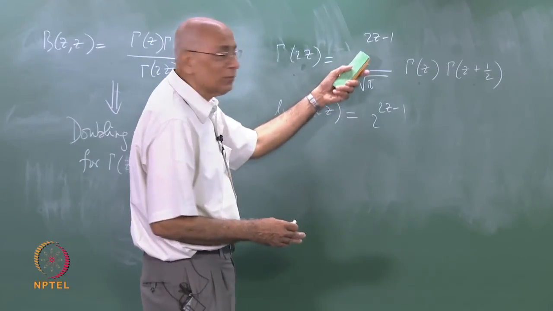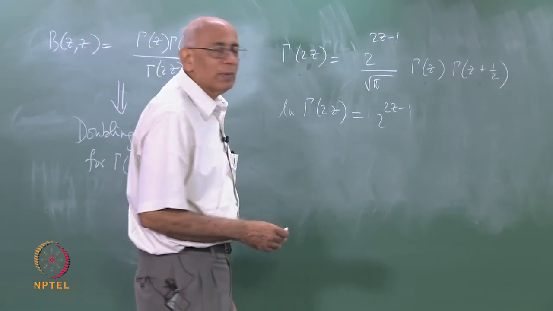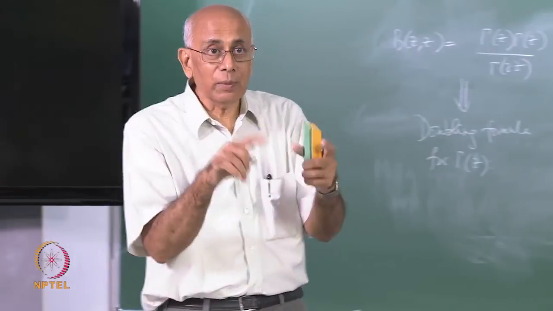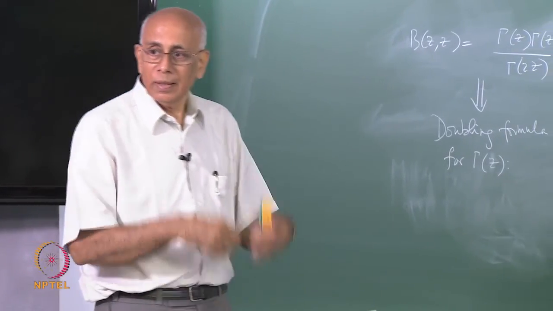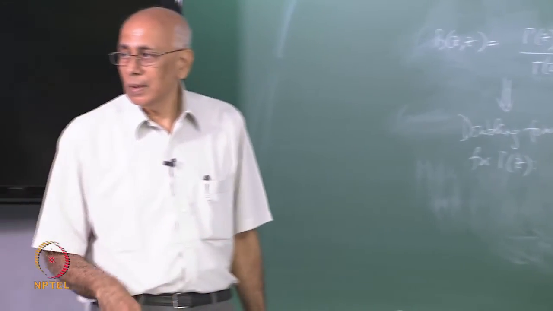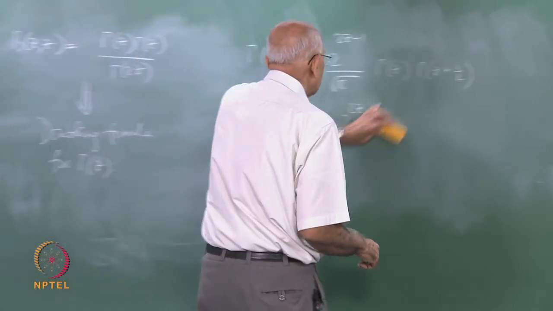What is the derivative of 2 to the 2z minus 1? Well, you can write 2 to the 2z minus 1 as e to the (2z minus 1) log 2, right? So, you differentiate it and then you get the same factor up in the numerator, and then you must differentiate (2z minus 1) log 2. And if you do that, you get a 2 log 2, right?